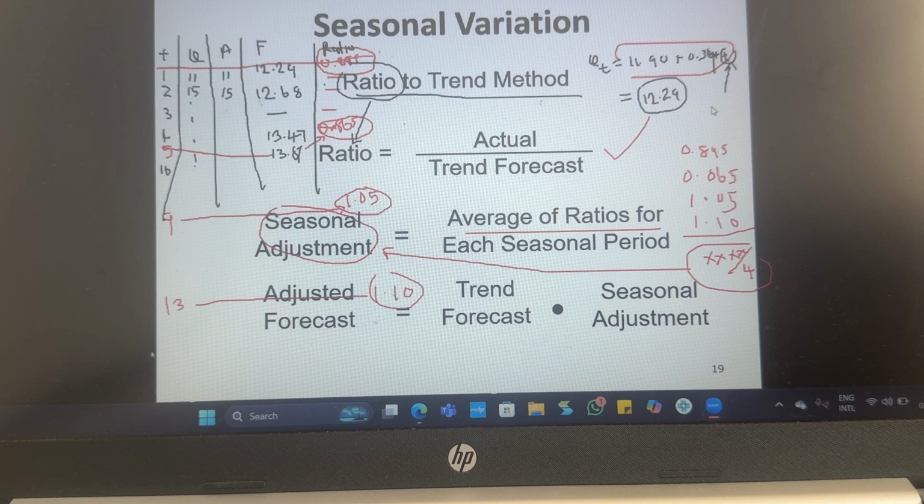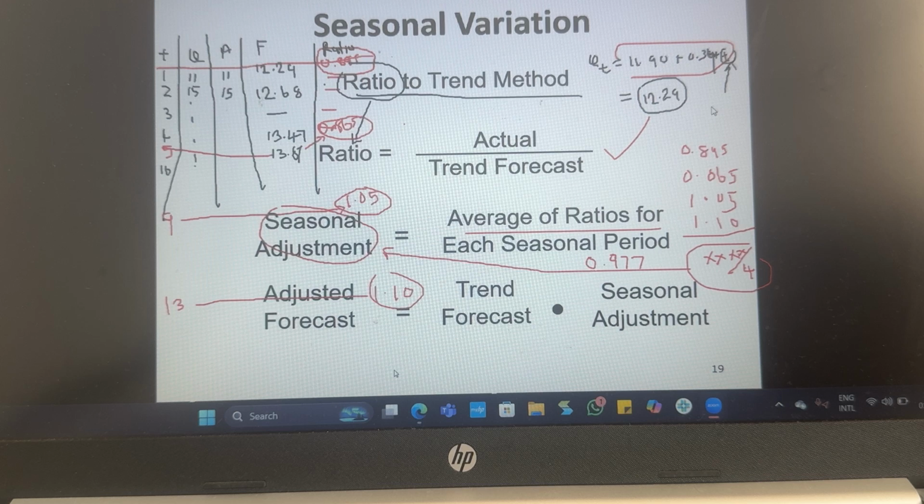It's 0.977. Tell it again. 0.977. 0.97725. Okay. So this is the first quarter seasonal adjustment. Likewise, you can calculate the second quarter seasonal adjustment, third quarter seasonal adjustment, and the fourth quarter seasonal adjustment.